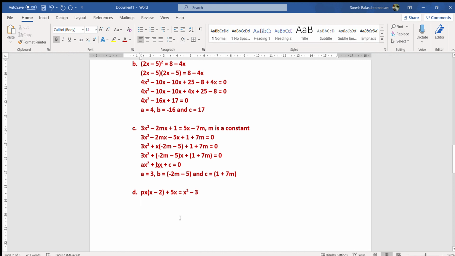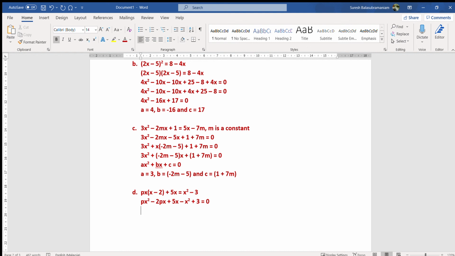Px multiply x, you get px square minus 2px plus 5x minus, I'll bring the x square to my left, so minus x square plus 3. Minus 3 to my left, you get plus 3 equals to 0.